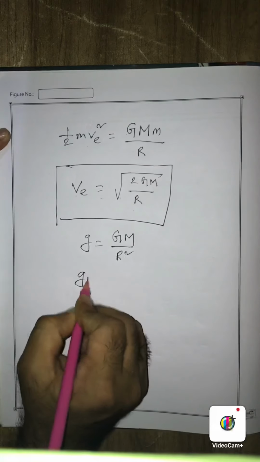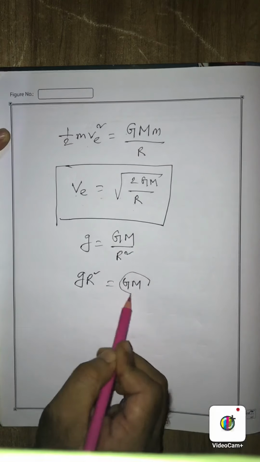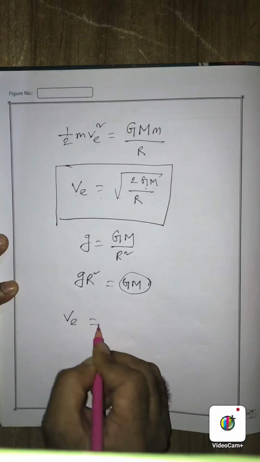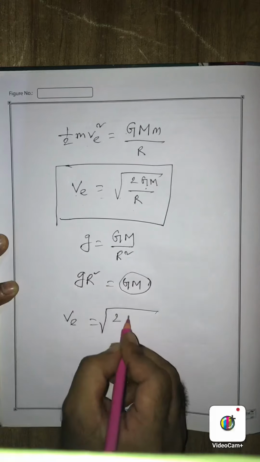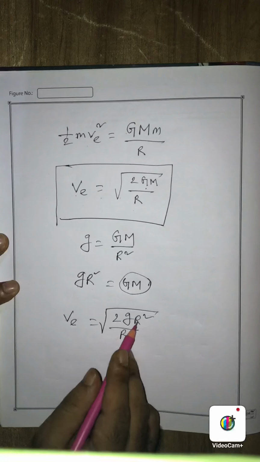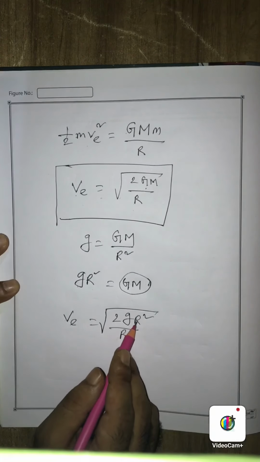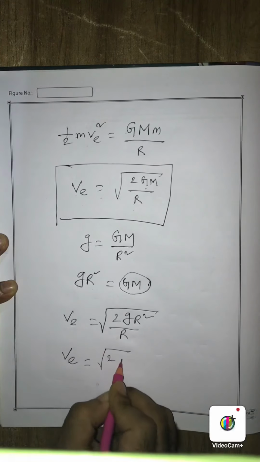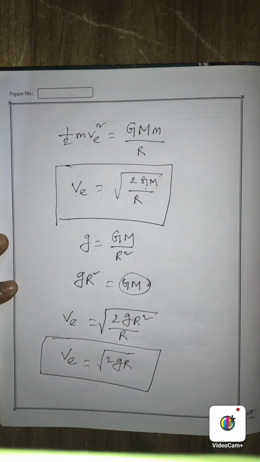Now g R square equals G capital M. So putting the value of G capital M in this equation, we get ve equal to root of 2 G capital M, meaning g R square, divided by R. Now capital R in the upper and lower parts cancels, and we get escape velocity ve equal to root 2gR.